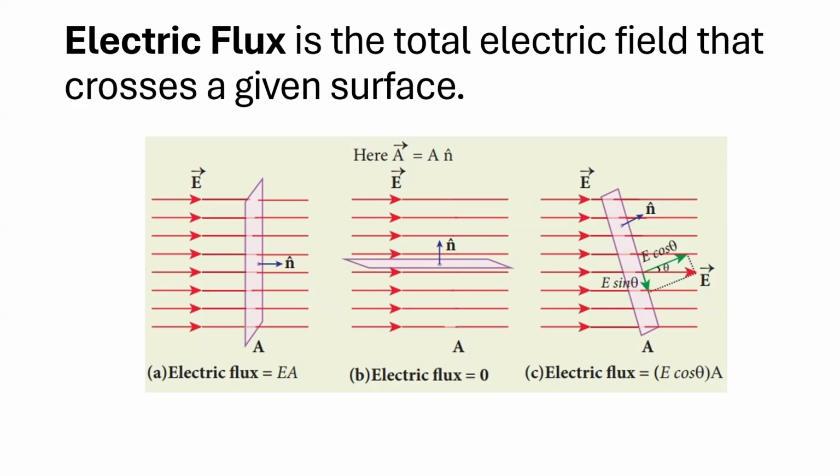Now, in computing the electric flux in these different cases, we use different equations. But in letter B, it's just a simple illustration that the electric flux we can get out of this is zero, as long as the surface of the plane is parallel with the electric field lines.